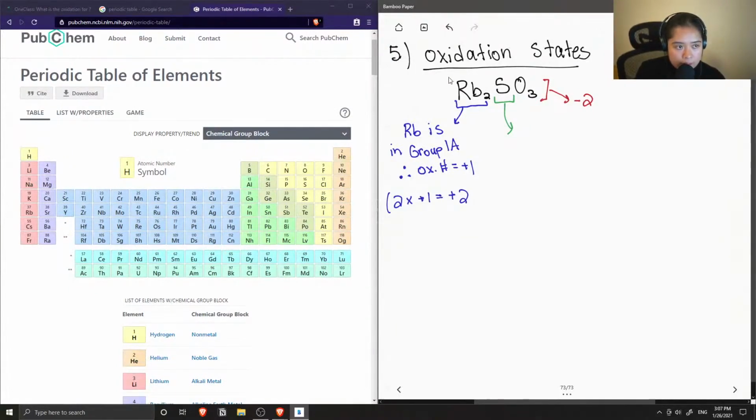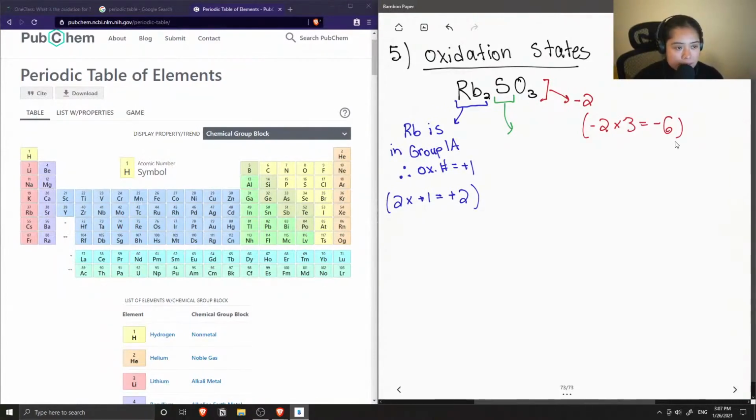So this whole thing gives off a +2 charge. And in the case of the oxygen, it has an oxidation state of -2, but we have 3 atoms of oxygen. So overall, it's -6.